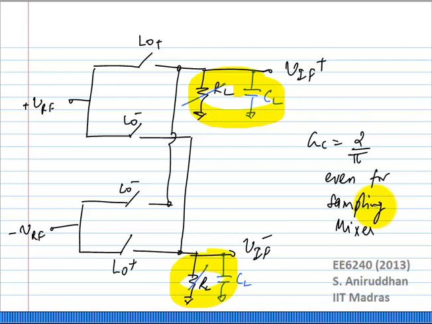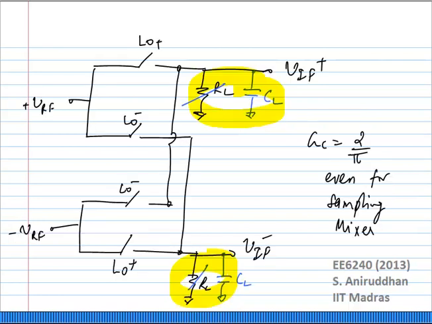So note that this is happening because you are taking the difference of the voltages in the voltage domain. What you can choose to do is convert these voltages to currents and then add or subtract the currents. If you do that, then in the case of the resistively sampled mixer, you are still allowing the nodes to go down to 0 and back to track, and therefore you will still get the same gain as you got with a single balance mixer with all the advantages.